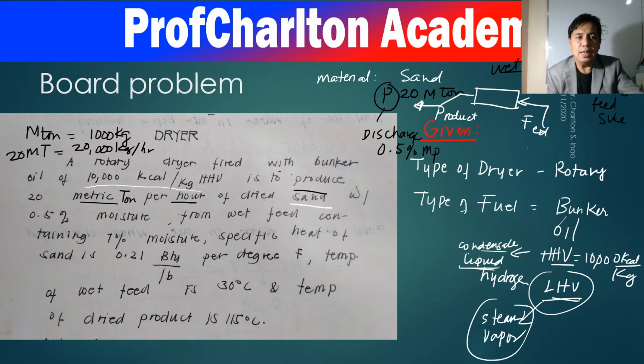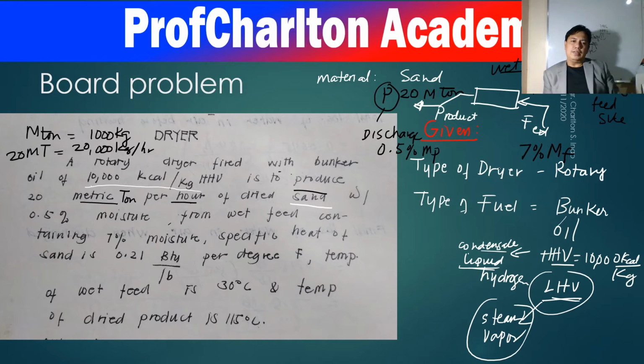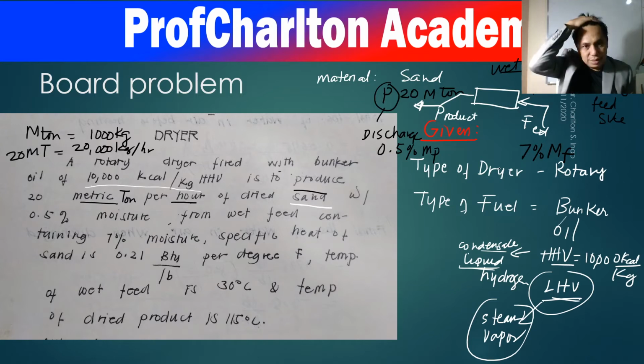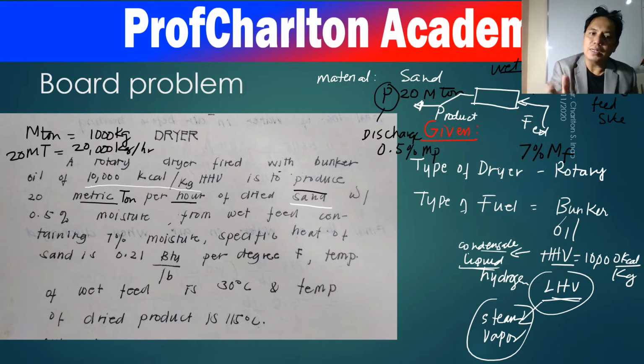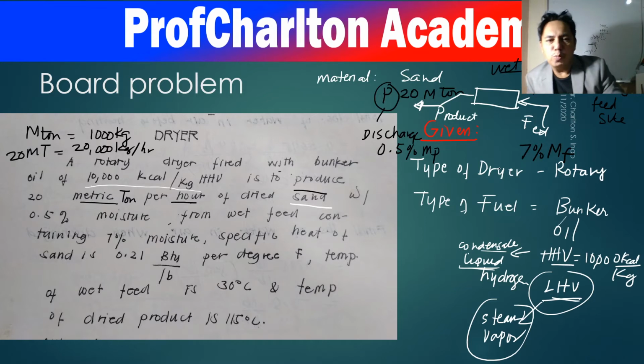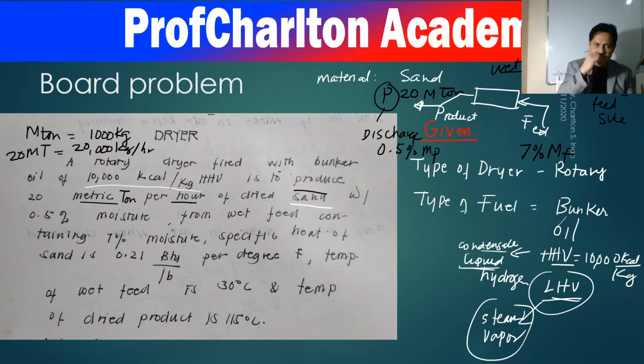Here at the feed, there is 7%, that is percent MF. The moisture content at the feed is 7%, while the moisture content at the discharge, or the product after the dryer, is 0.5%, which is expected. Meaning there should be less moisture content at the product side compared to the feed side.